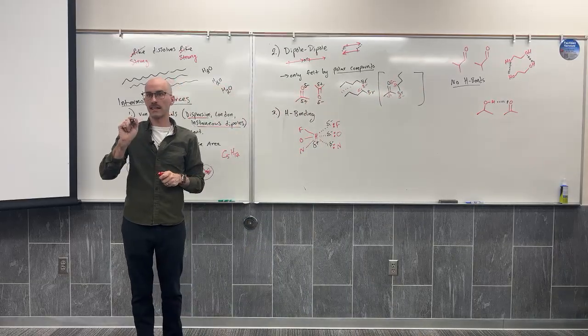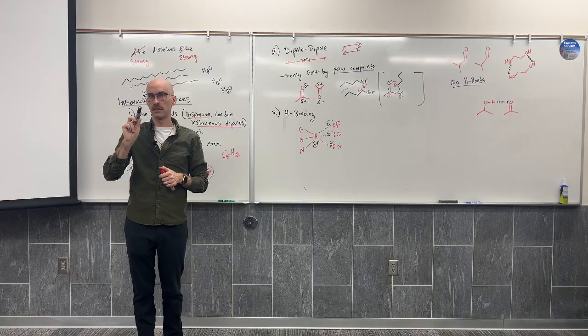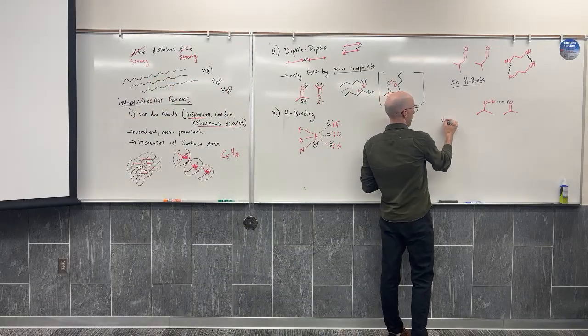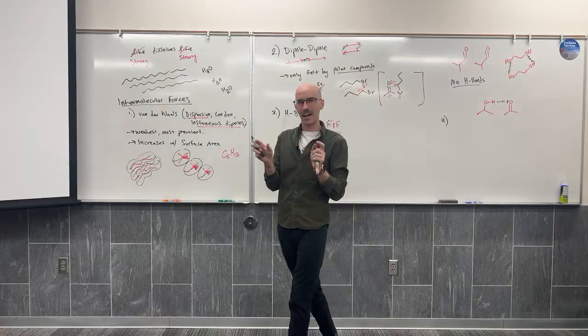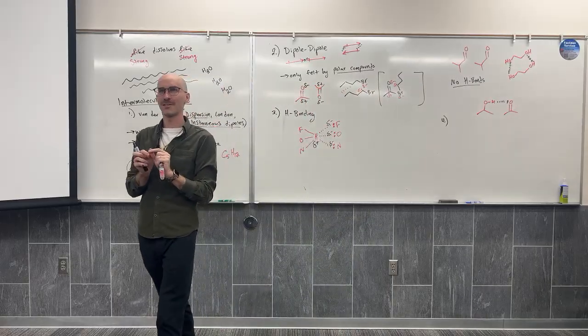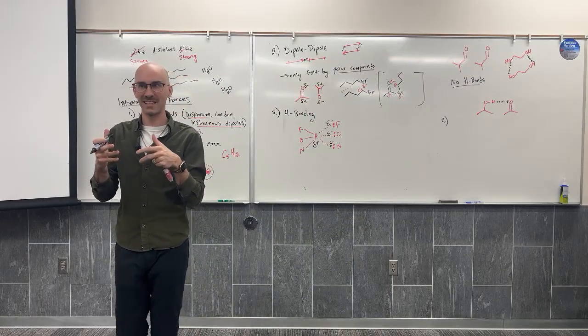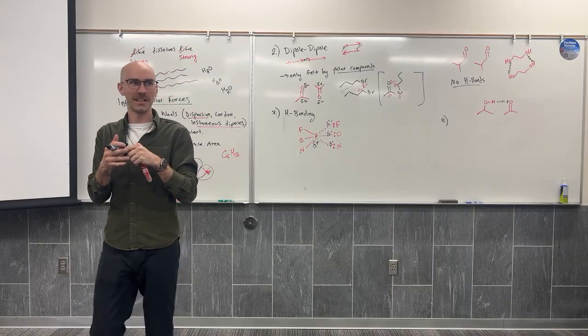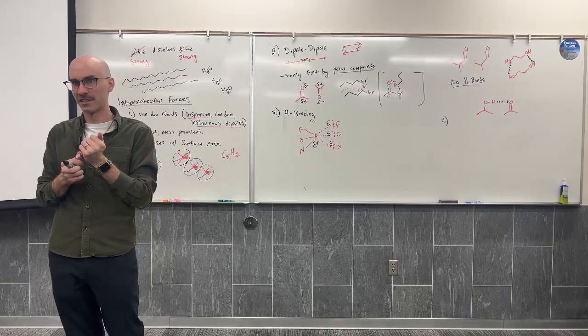Okay, now the last intermolecular force. Ionic is actually one we'll skip because ion-ion interactions are sometimes called intermolecular, but they're sometimes considered a bond itself, the ionic bond. So I'm going to skip ion-ion interactions.